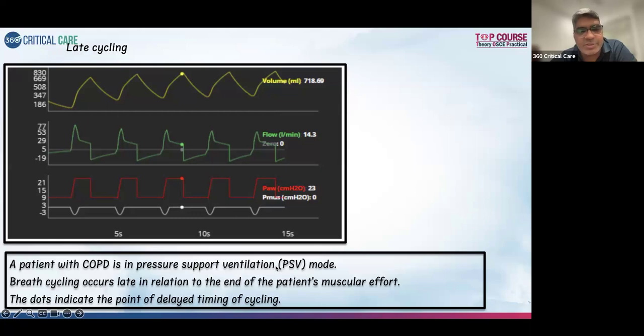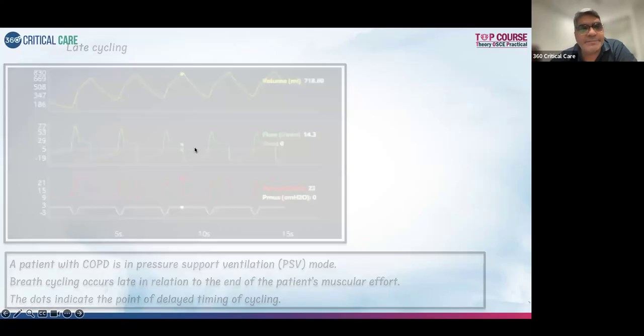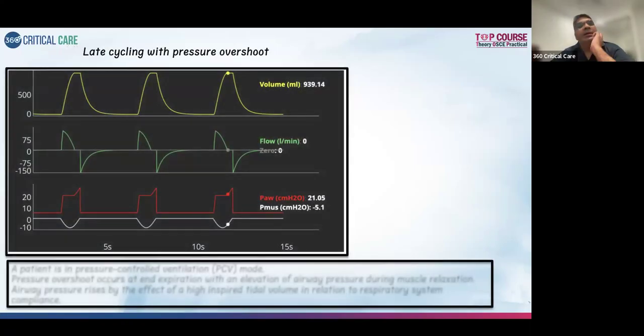So this is a COPD patient on pressure support ventilation mode. Breath cycling occurs late in relation to the end of the patient's expiratory effort. The dot indicates late cycling, so you'll have this type of chair pattern in the flow curve. Here the cycling should happen at about 20 to 25% of the flow, but it is not happening even there; it is prolonged beyond that phase.